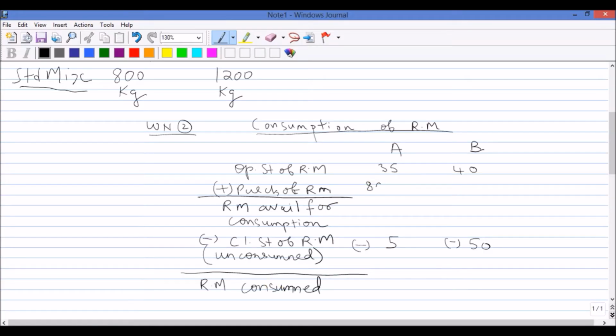So this is 835, this is 1240, and finally we are going to subtract. So this will be 830. 1240 minus 50 is going to give me 1190. So we have done with working note 2. We have found the consumption of raw material. Now we need to go to working note 3.